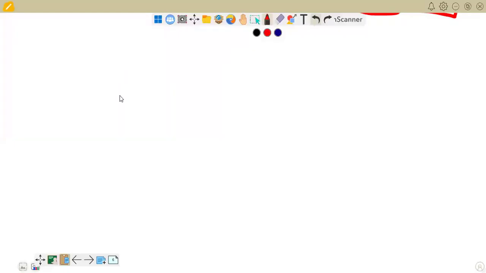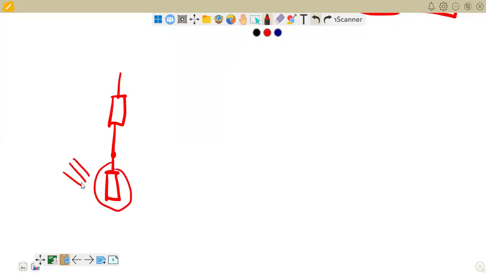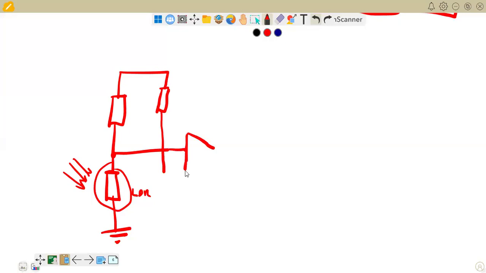I'll start at this point, then we have our light dependent resistor here. That's our LDR there, so I'll just label them. Once I'm done, then I'll ground it at this point. Then we go to resistor R1. It's also connected right there, marks our operational amplifier.